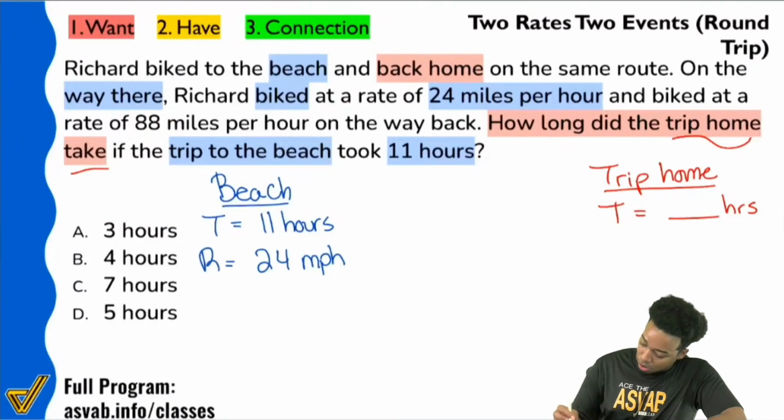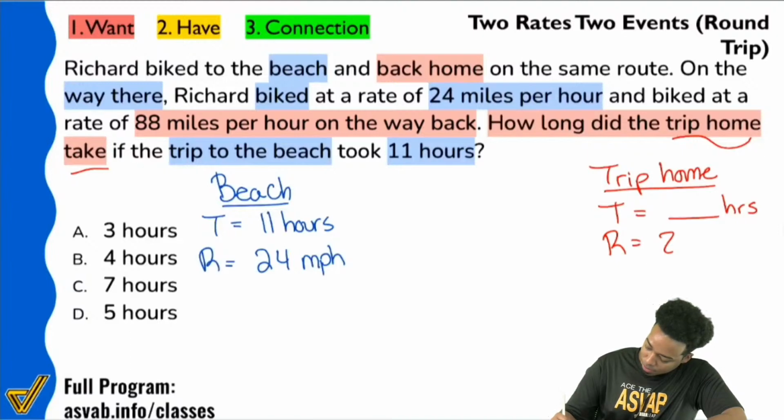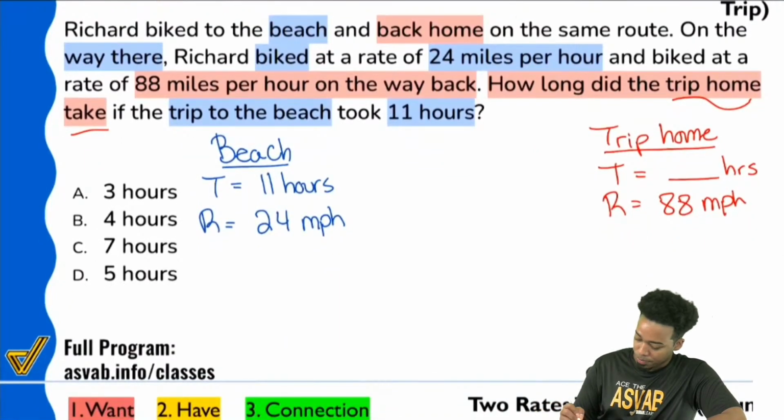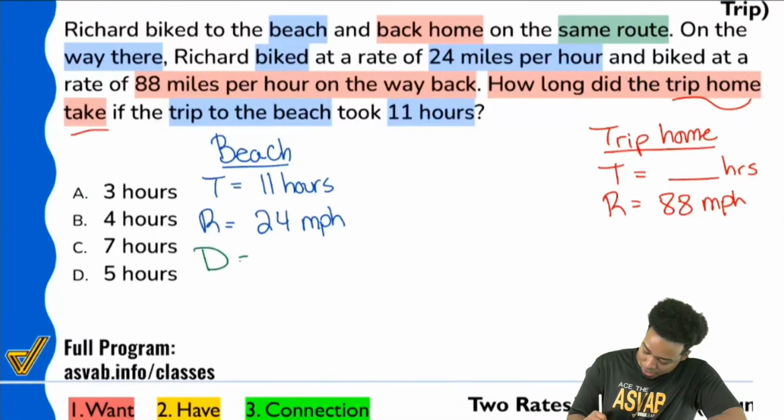And then back home, 88 miles per hour on the way back. So the rate on the way back, 88 miles per hour. And the big key here is, again, same route. The same route means that this distance equals this distance.